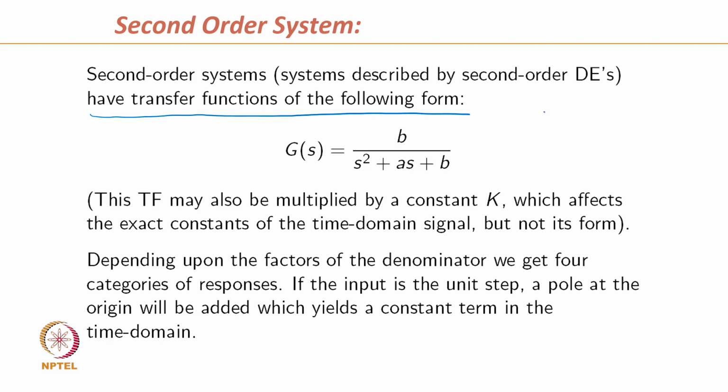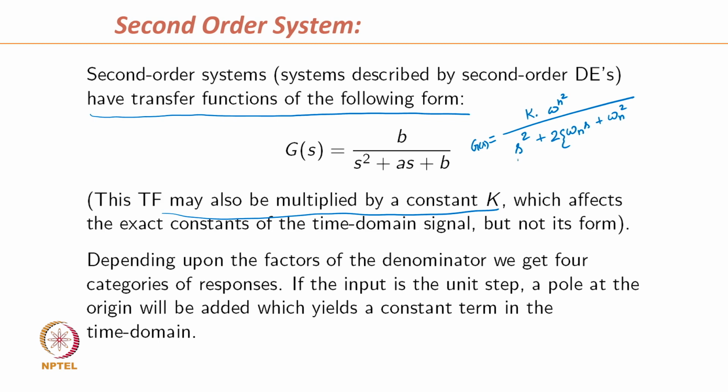We can use this, or we can use the old one, which is omega n square upon s square plus 2 zeta omega n s plus omega n square. This also we can use, and this transfer function may be multiplied by a constant, which can be here as well. This affects the exact constant of the time domain signal, but not its form.